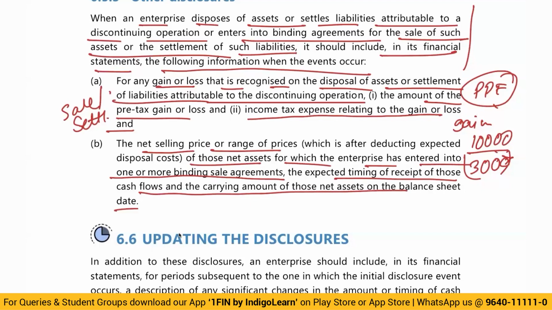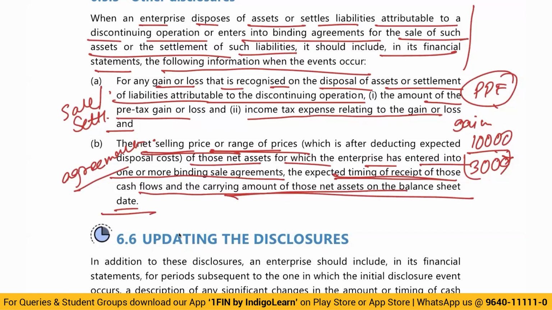If you have entered into an agreement, here it is just an agreement, we will not recognize gain or loss, correct? So what we have to show, we have to tell them what is the net selling price or range of prices, meaning how much we are going to get from that, when we will receive the money, and what is the carrying amount of those assets in the balance sheet. The idea is the user should know whether there will be a gain or loss when they have completed that particular transaction.